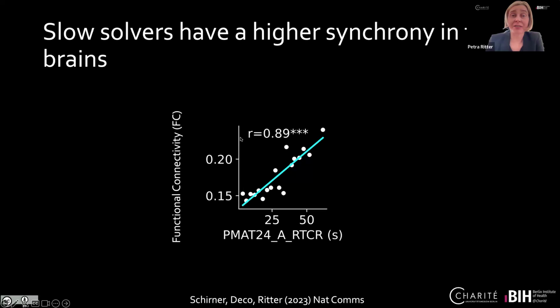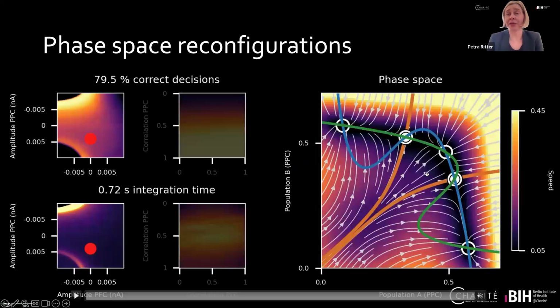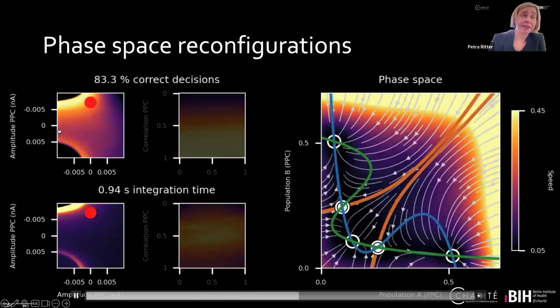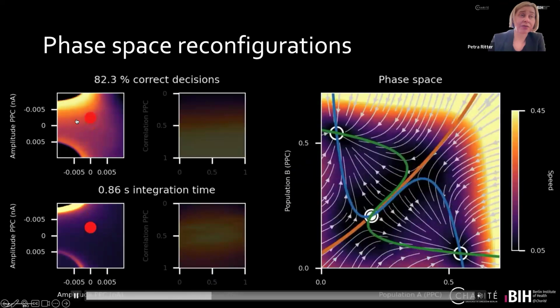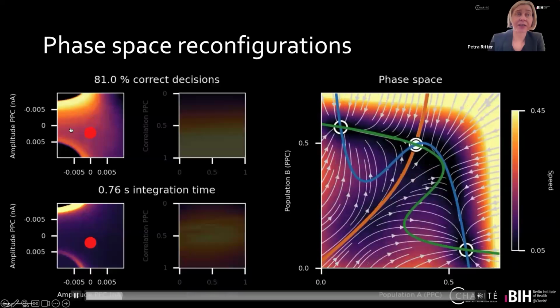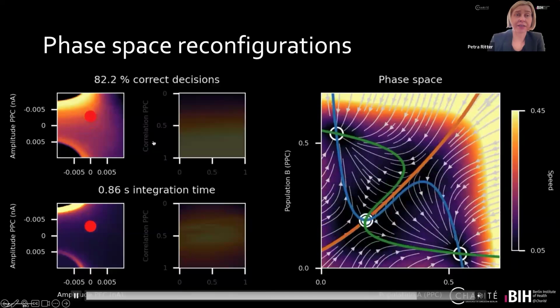So functional connectivity, the degree of synchronicity, is related to the reaction time. And what we see here now is the phase space. So this is now the nice opportunity that we have with a mathematical model to look at the phase space and to see how the amplitude that drives the node in the posterior parietal cortex relates to the number of correct decisions, or ratio of correct decisions.